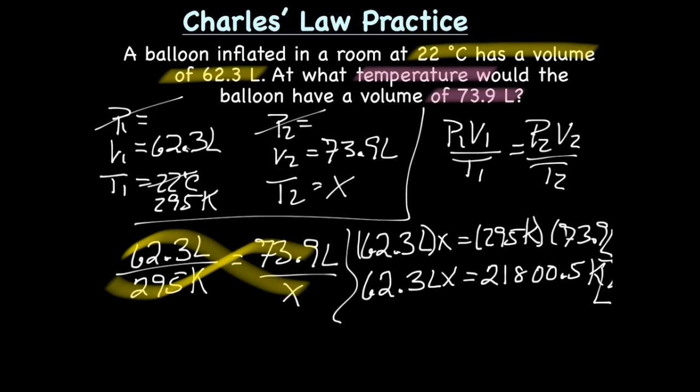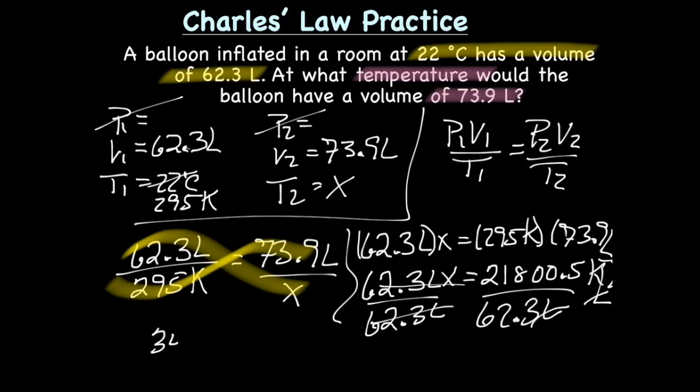All right, to get the X by itself, we'll divide both sides by 62.3 liters, giving us 349.9277 and so forth Kelvin.